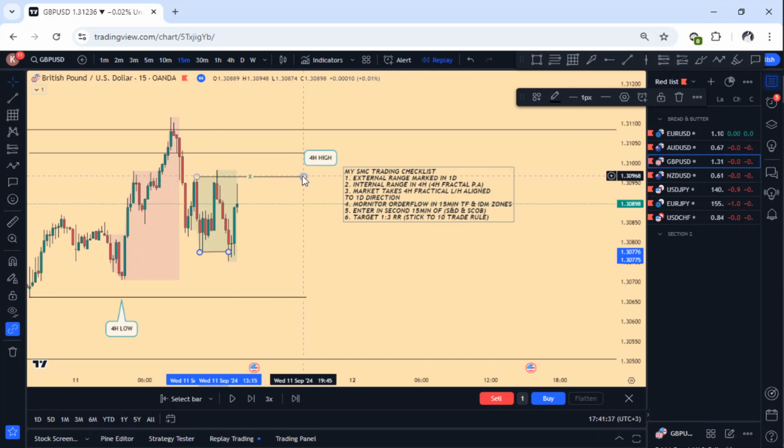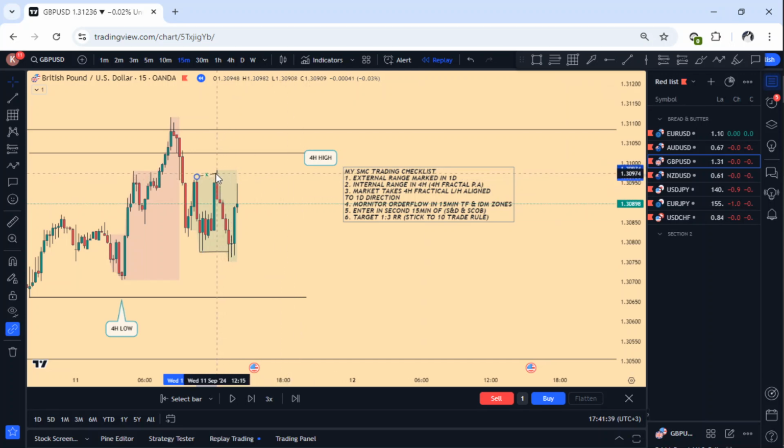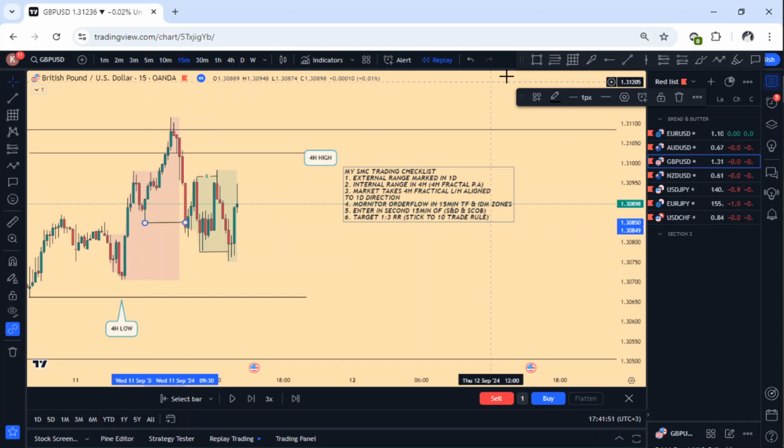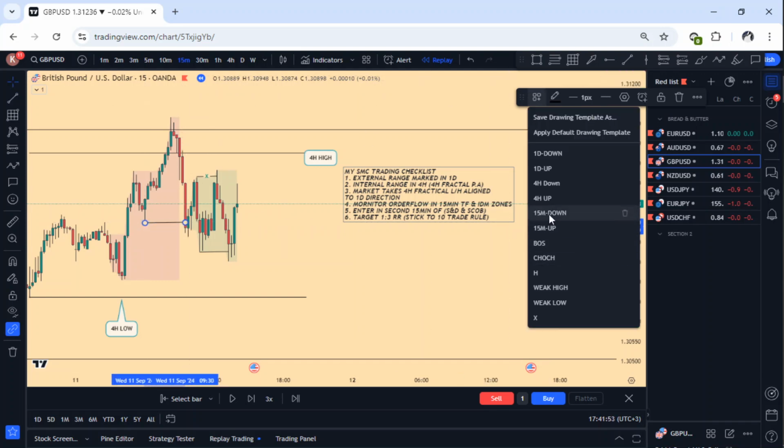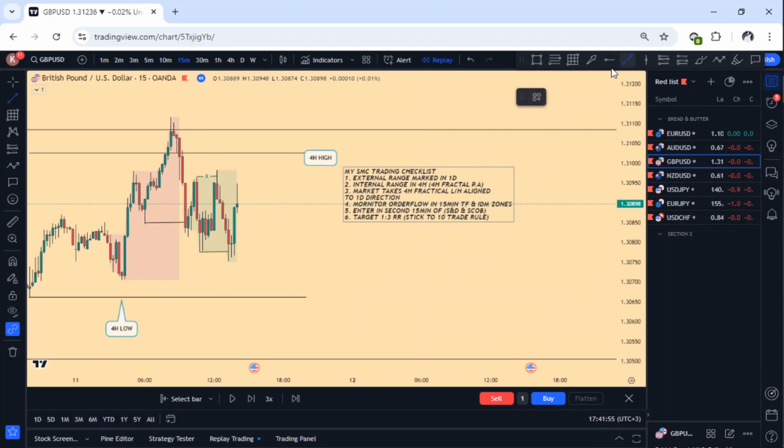What happened here was just a liquidity sweep. We always need to have a liquidity sweep, and as you can see, this was our first change of character. Actually it happened here, but for clarity purposes, we can have this as the first breakdown of 15 minutes down. Then this was the second 15 minutes down.